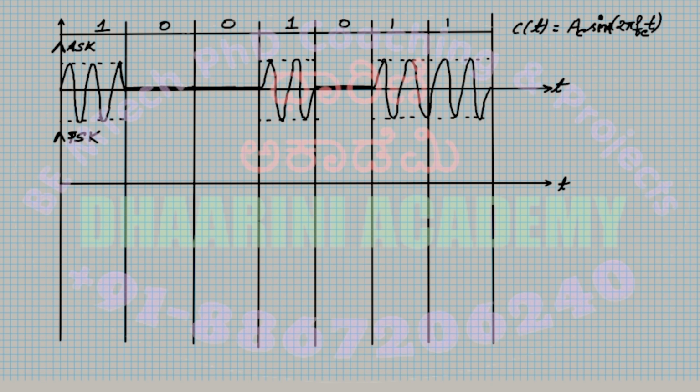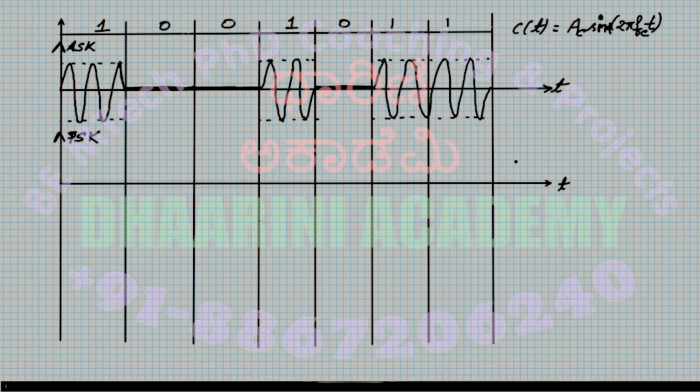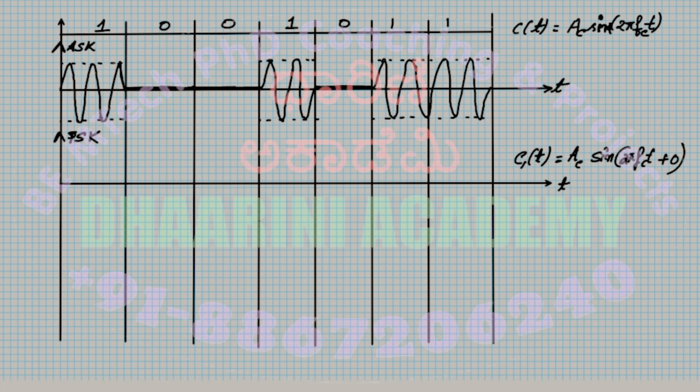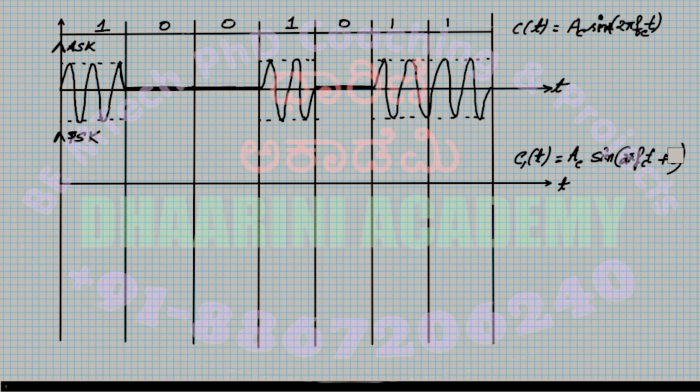Like you see here, we have to use two types of carrier now. So C1 of t will be A_C sine of 2 pi f_c t plus a phase, and this phase I am going to write as 0, so there is no phase allocated for this.